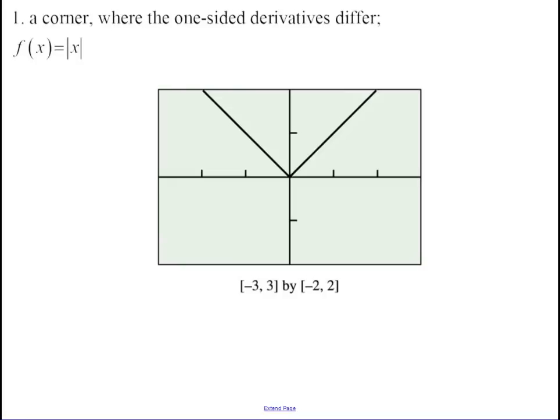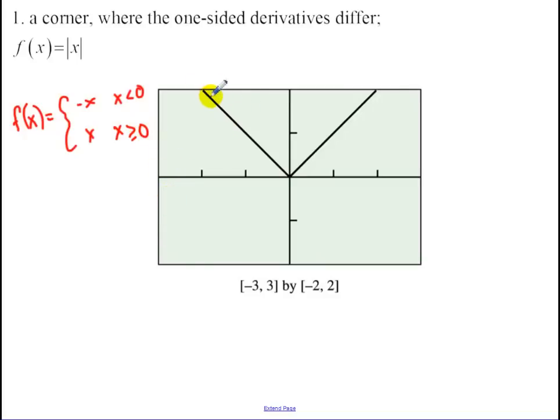So the first one, a corner, is when the one-sided derivatives differ. If you think about the absolute value function, an absolute value function can be written as a piecewise function where we have the line y equals negative x for x is less than 0, and it's the line y equals x for x is greater than or equal to 0.